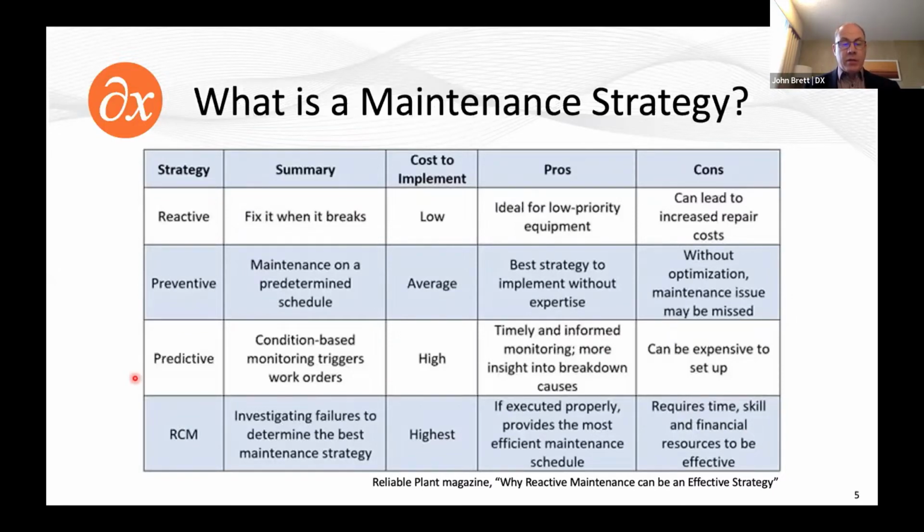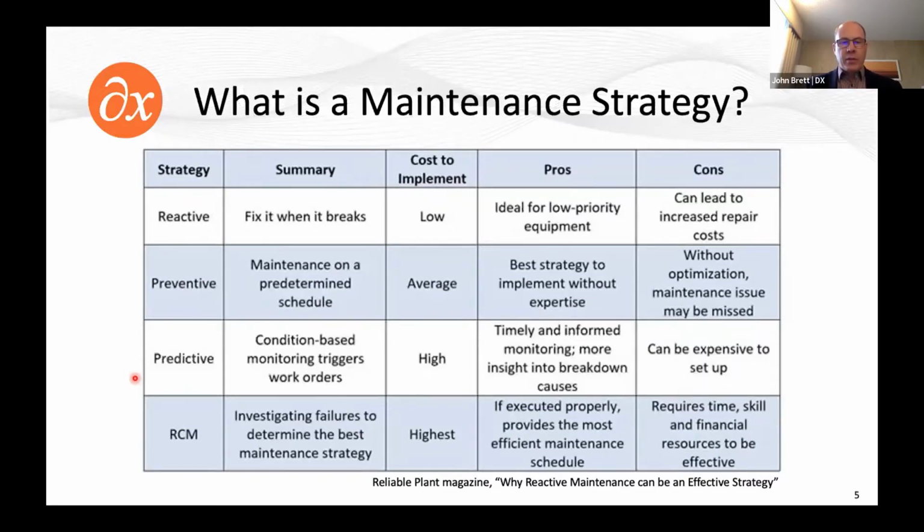And then RCM is reliability-centered maintenance, where on an ongoing basis you're rolling up your sleeves in those failures, understanding the failure mode, understanding what led up to it, and trying to apply those learnings to the rest of your fleet. And you can see that the cost to implement goes from low up to high, typically because it requires more work, more time, more effort, and might require more equipment and sensors.